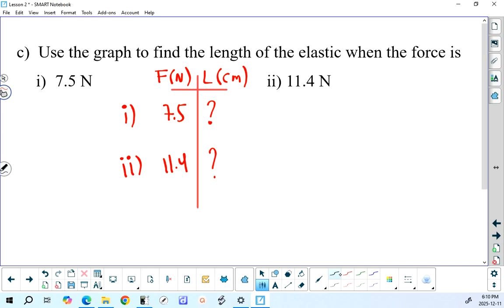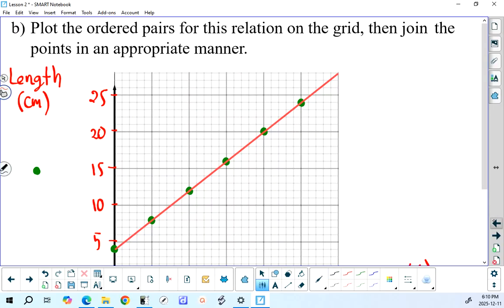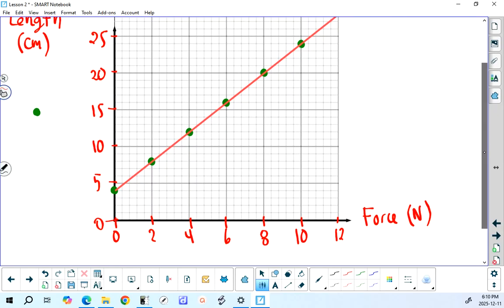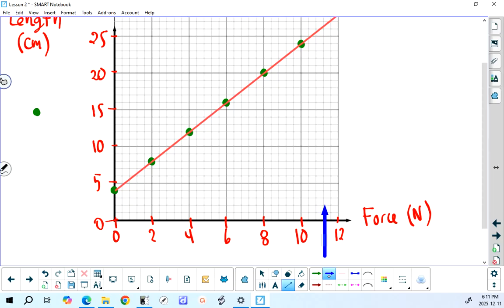Essentially all we need to do, and it's not necessarily easy, is find a point on the graph that has 7.5 for an F coordinate. Well, that's not a simple task because of the awkwardness of the scale. I just want to put a couple of different arrows over here that I'm going to be needing in some of the work that we do.